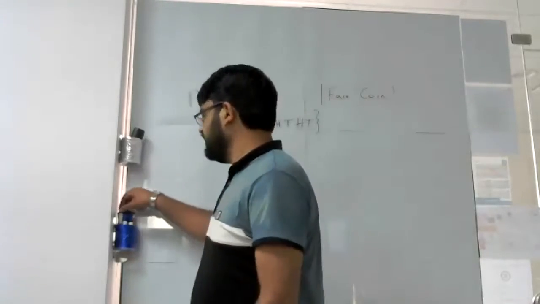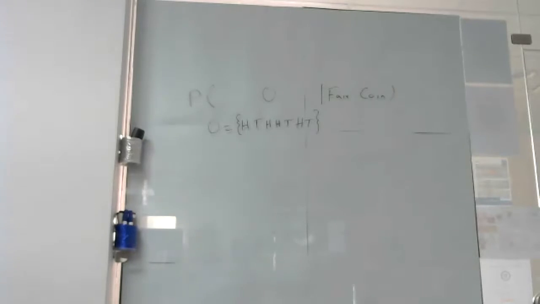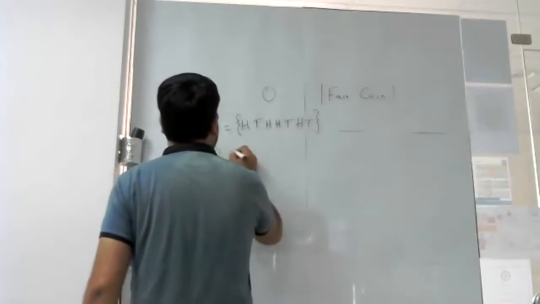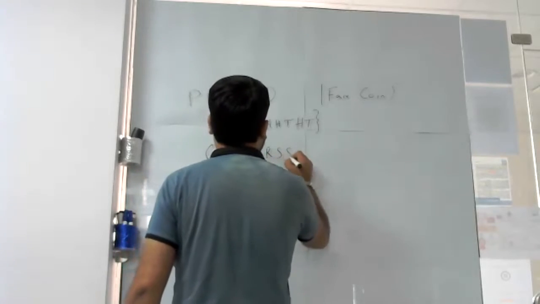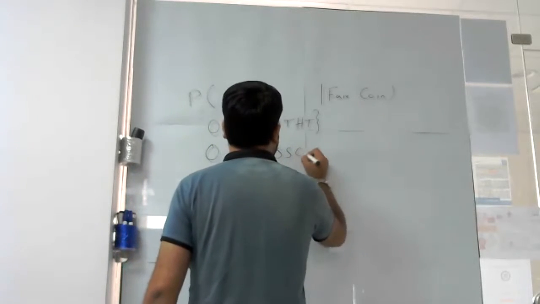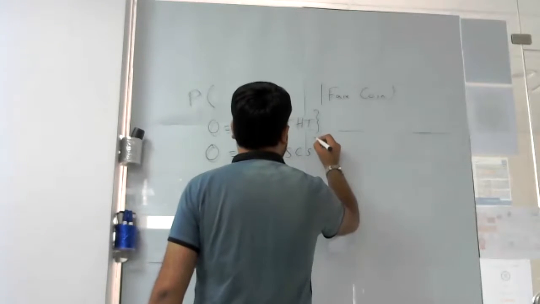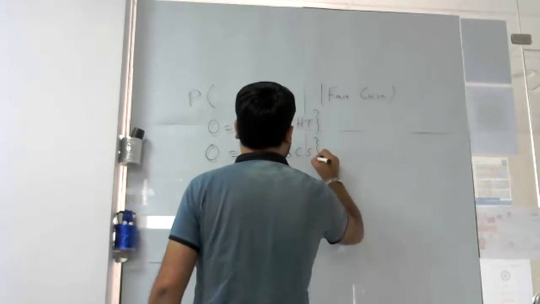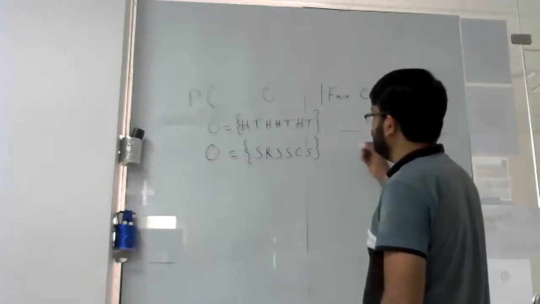So what is the probability of observing, let's say, sunny, rainy, sunny, sunny, cloudy, sunny, basically, ठीक है? So O का मैंने सिर्फ change किया है and given basically what are you given?